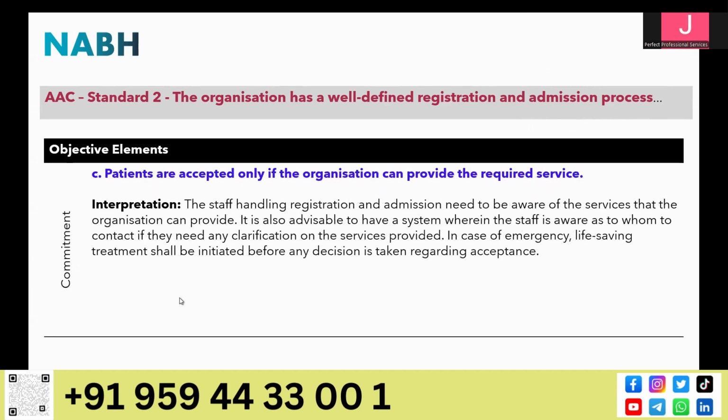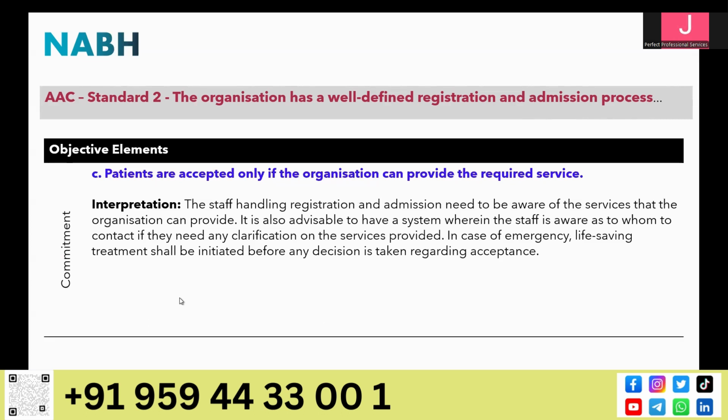Next is C. The patients are accepted only if the organization can provide the required services. Scope of services में हमने देखा what all services we are providing, we are documenting it and we are displaying. और जो services हम नहीं provide कर रहे वो भी हम document कर रहे हैं. Now उससे ये link है, right?